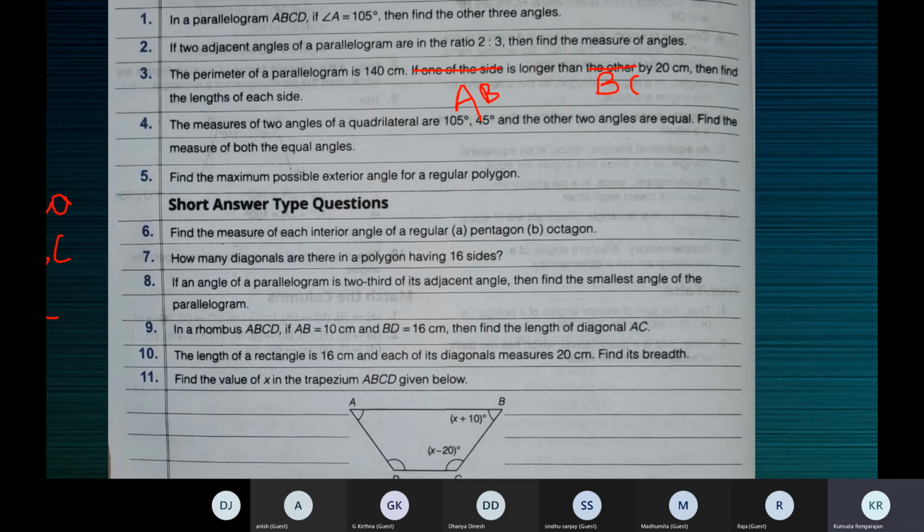Raja and Keetana. Yes, ma'am. Ethan, are you completing the answers? Are you getting the right answers? Yes, ma'am. Okay. And what about Raja? Ma'am, I'm trying to complete, ma'am. Which one are you working?